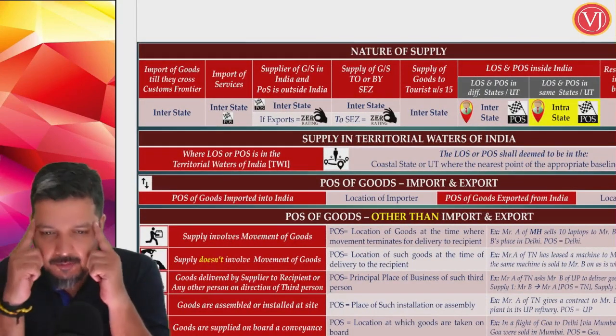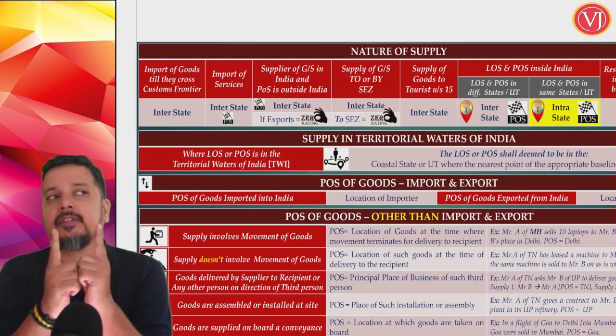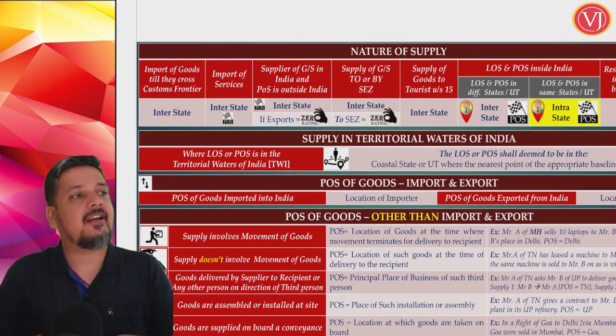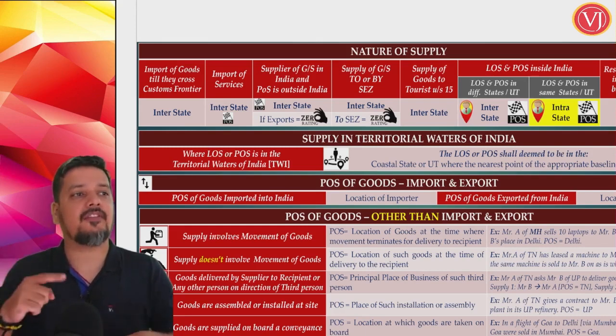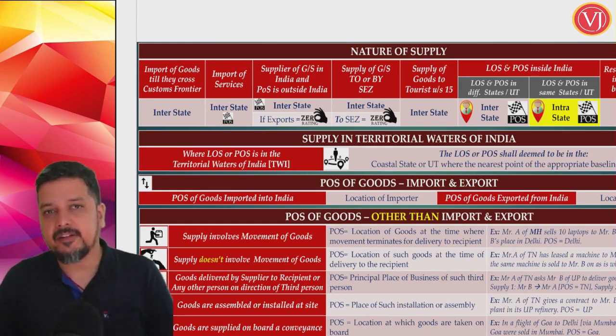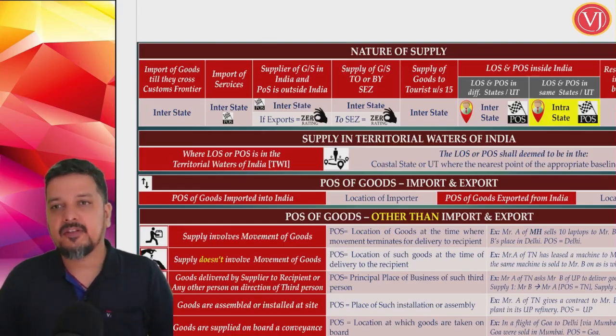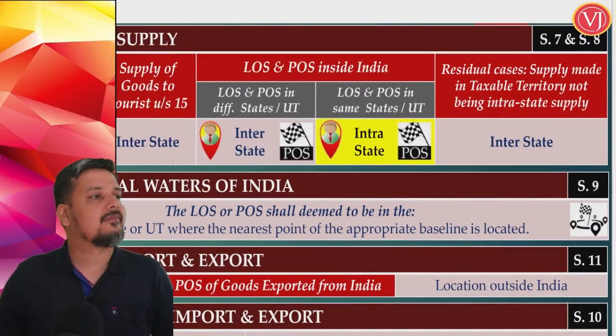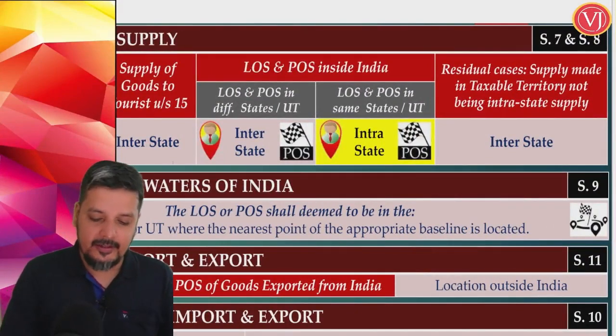Till now your understanding was very clear that if LOS and POS are in the same state, it is intra-state supply, CGST, SGST. If LOS and POS, location of supplier and place of supply, are in different states, it is interstate supply, IGST. But that is only one part of the answer. This is only the general answer.